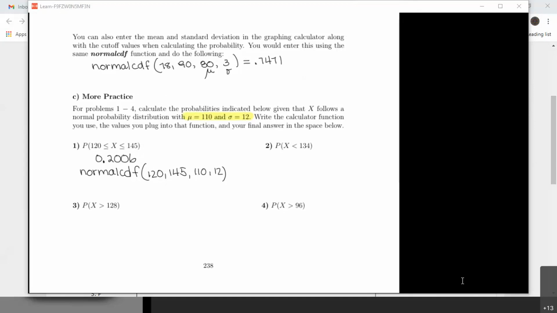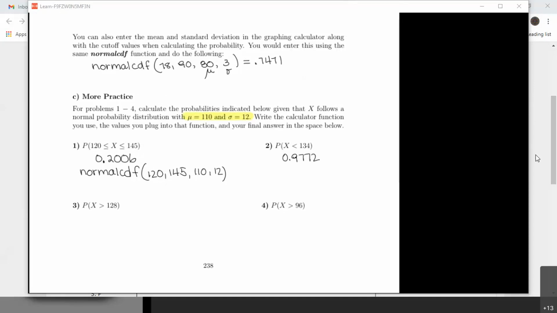What probability did you get for 2? Okay, so this was less than 134. And if you look at the distribution, the mean's all the way down at 110. So this would be a really high value, right? 0.9772.